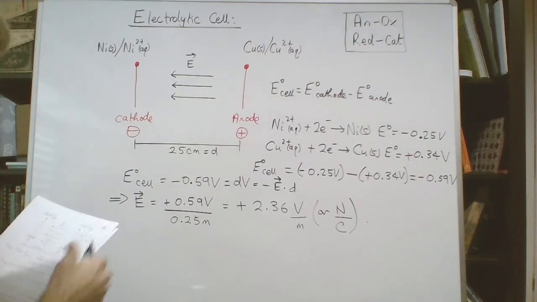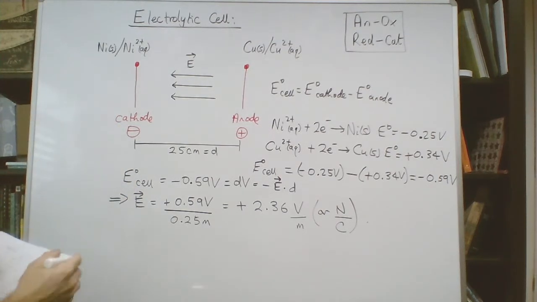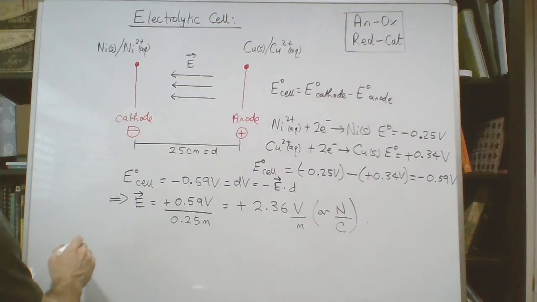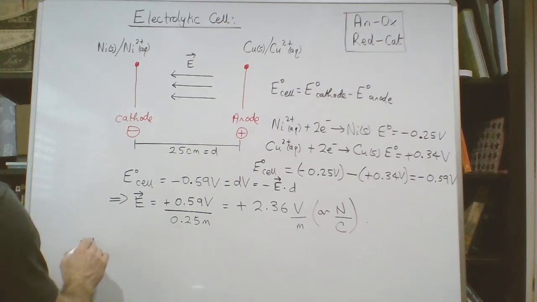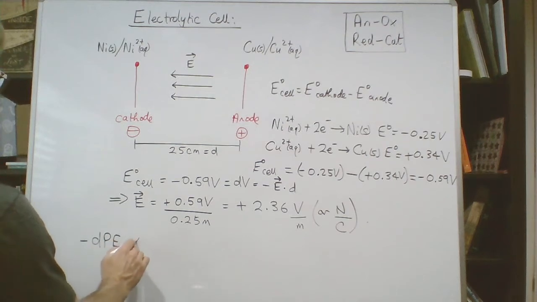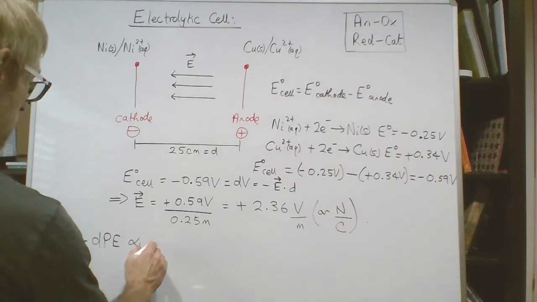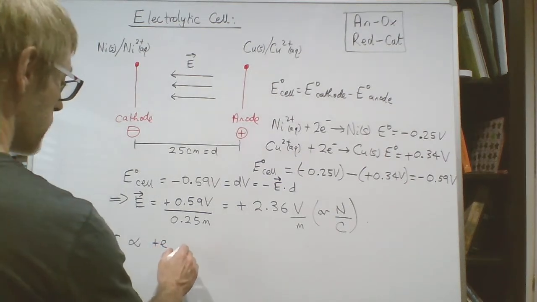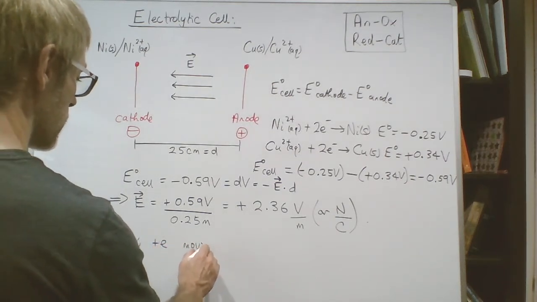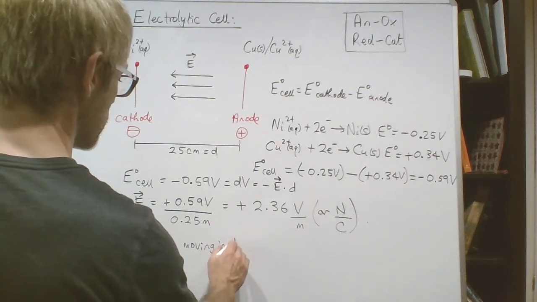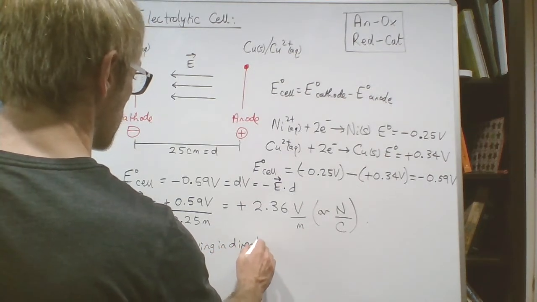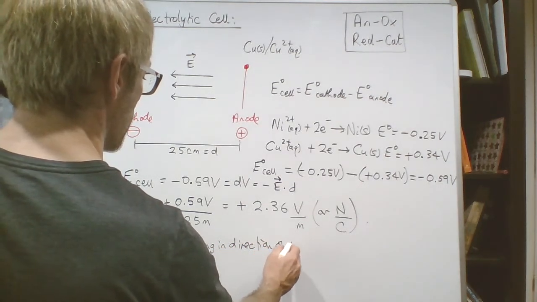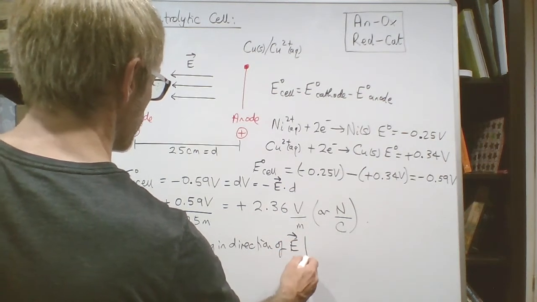So we'll write something from a previous video again, something that we alluded to earlier. We know that a negative change in potential energy is proportional to a positive charge that's moving in the direction of the electric field.